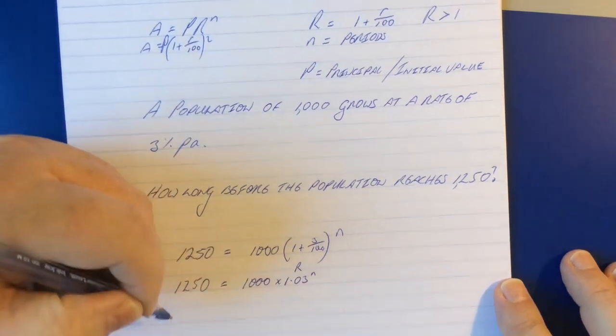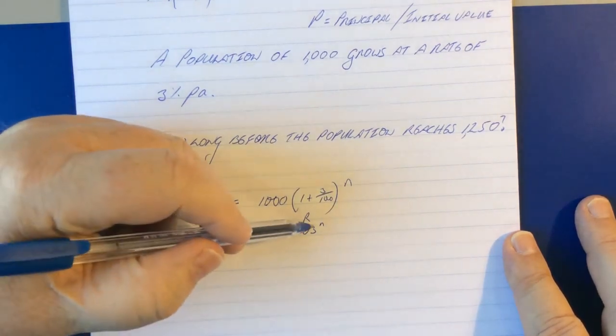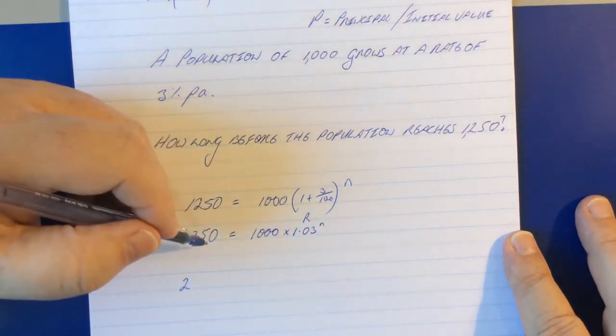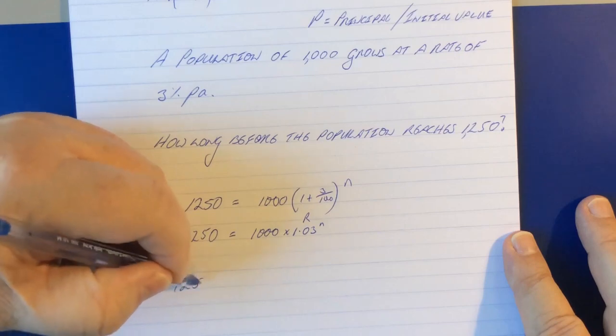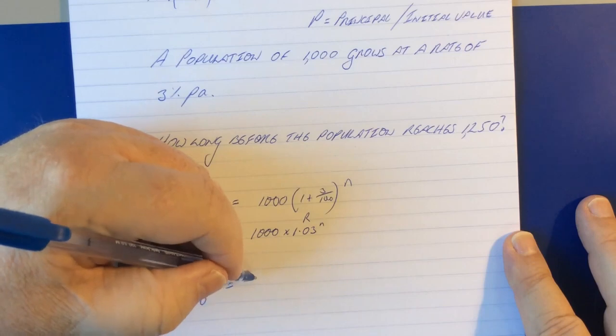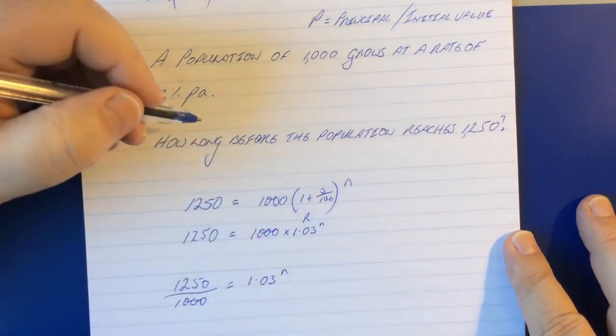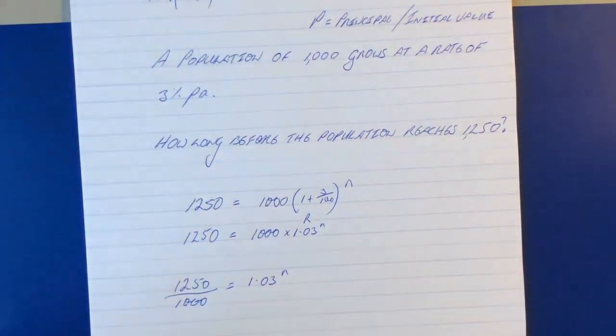Okay, so our next move is to get N as isolated as we can. So 1,250 over 1,000 is equal to 1.03 to the N. Now, 1,250 divided by 1,000 is probably 1.25. Just confirm that, yes.